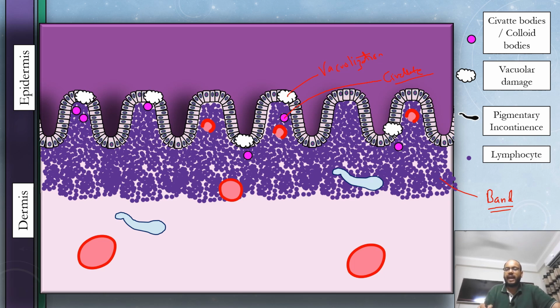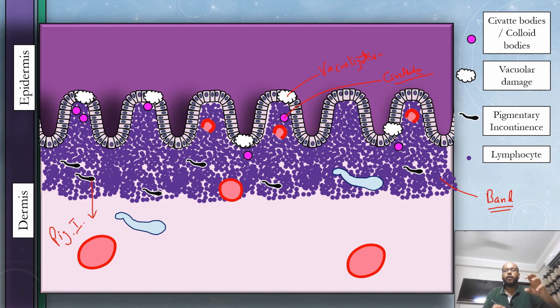And if the cell has significant melanin, you have melanin incontinence. So this darkish brownish or blackish pigmentation deposition is the pigmentary incontinence. Okay, so this is essentially the basic findings in lichenoid reaction pattern.